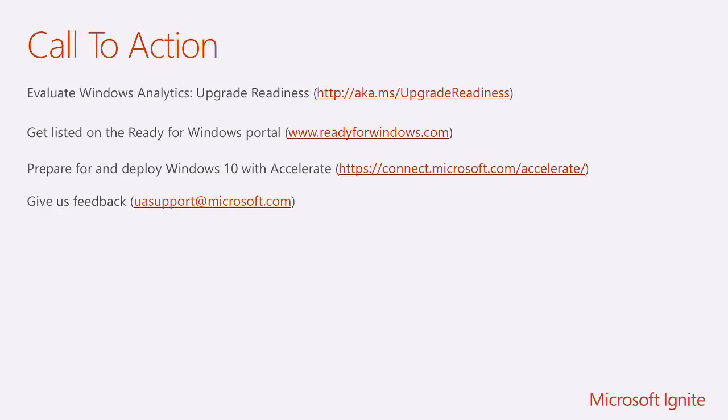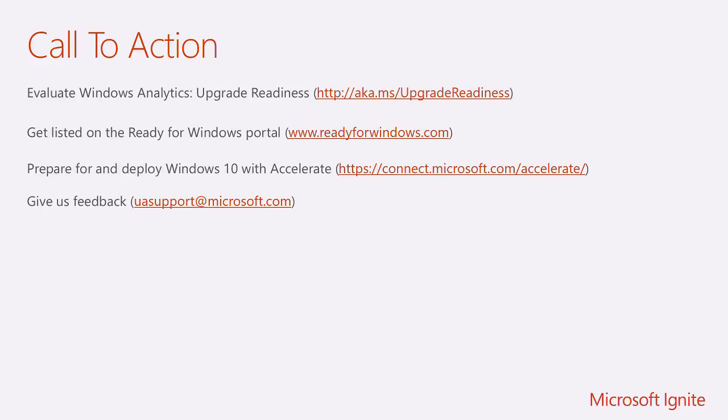So even though OMS is a paid service, you're able to sign up for a free tier OMS account as well as a pay-as-you-go Azure subscription. And you can link those two, and you'll never pay anything for upgrade readiness and update compliance because all the data associated with the ingestion, processing, and storage is not billable. So even though OMS is a paid service, upgrade readiness and update compliance data is exempt from those payment tiers.